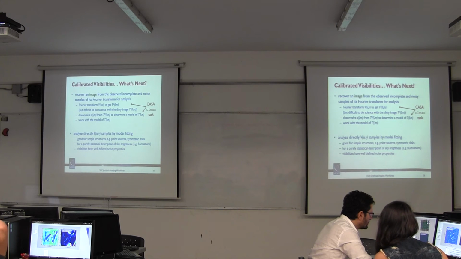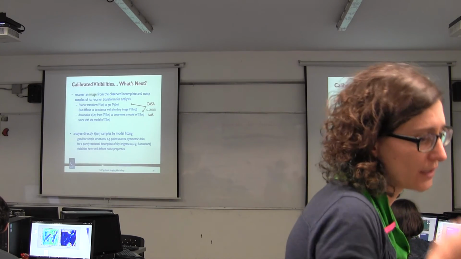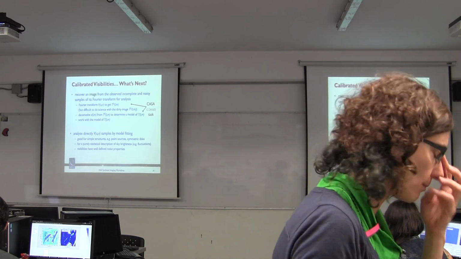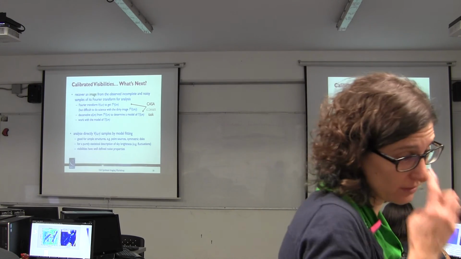I have one question. What happens when I change the phase gain and the amplitude gain? That is for adding calibration errors, so we will look into that. This is when the system is not behaving well and you have some antennas that are measuring something wrong.